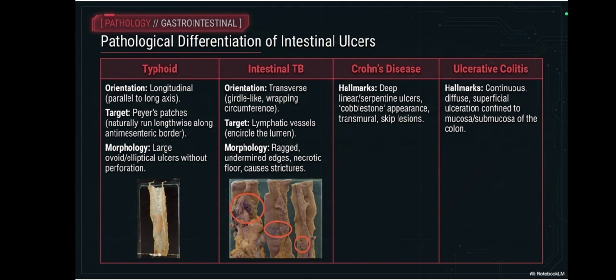In the gross pathology of typhoid, point out the longitudinal orientation of the oval ulcers, which you can see over here. These are longitudinal ulcers in relation to the long axis.